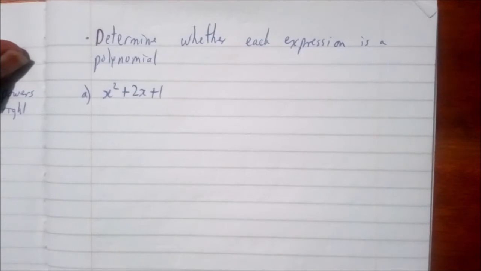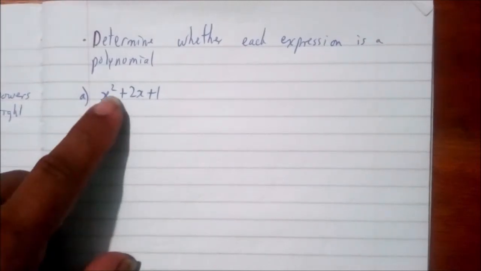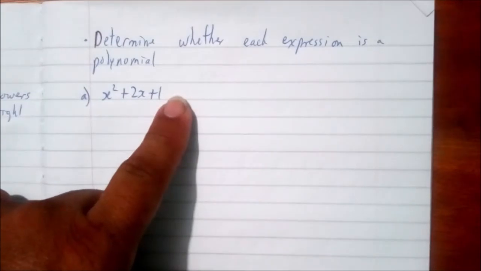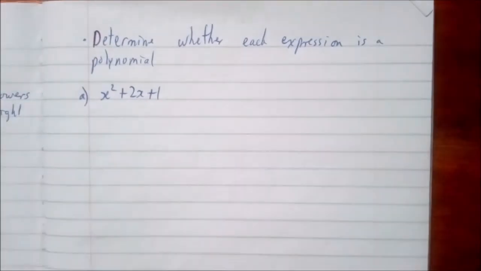Well, first of all, we need to have a method to solve it, or a strategy. We will note the exponents on the variable bases, the exponents 2, 1, 0, and also identify any denominator. Why? An expression is a polynomial when all the variables have whole number exponents and no variable appears in the denominator of a fraction.